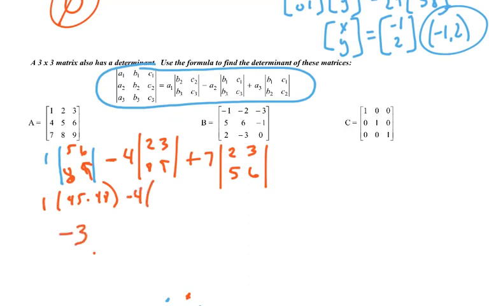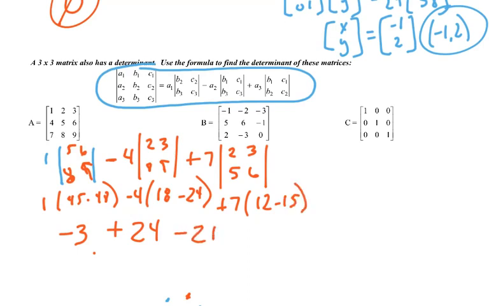Here I have -4 times 2 times 9, that's 18 minus 24. So -4 times -6 is going to be positive 24. And then here I have 7 times 12 minus 15, or 7 times -3, or -21. And the final answer adds those up, in this case 0.